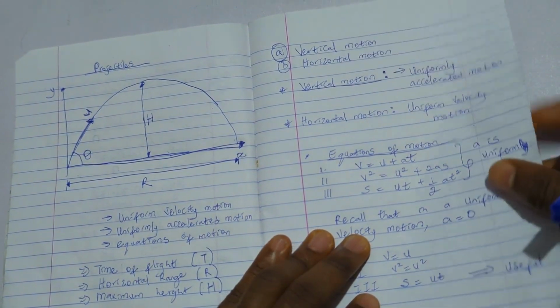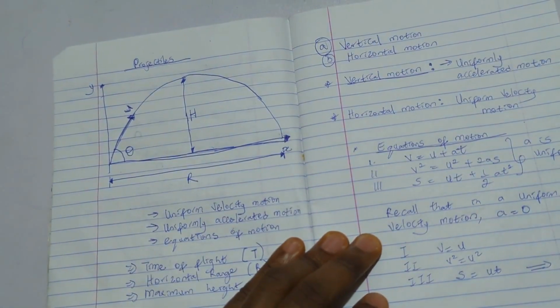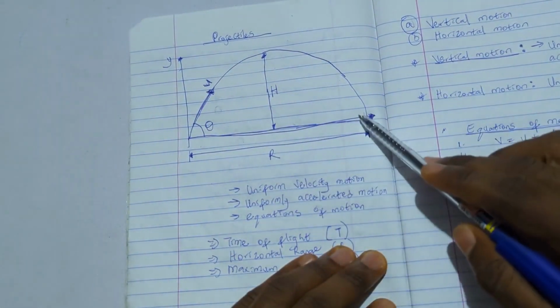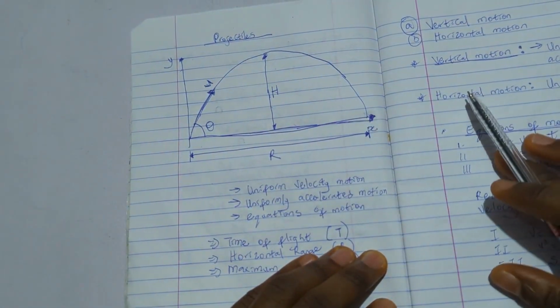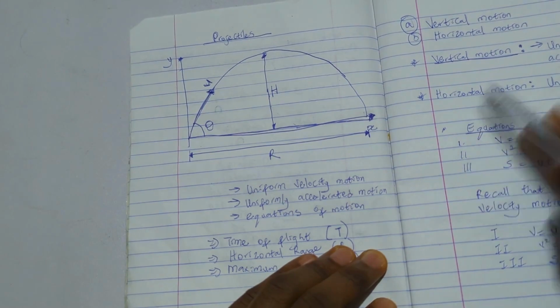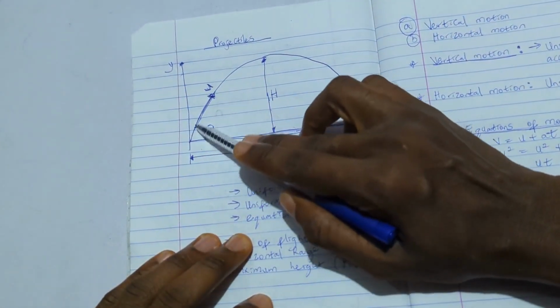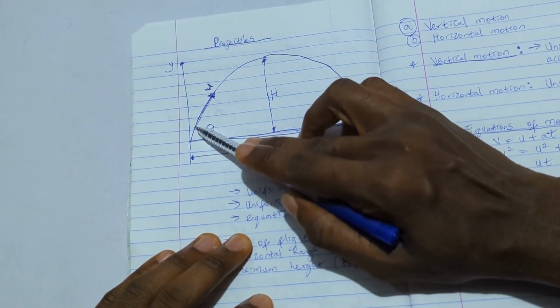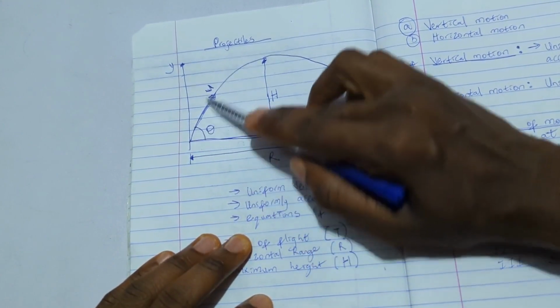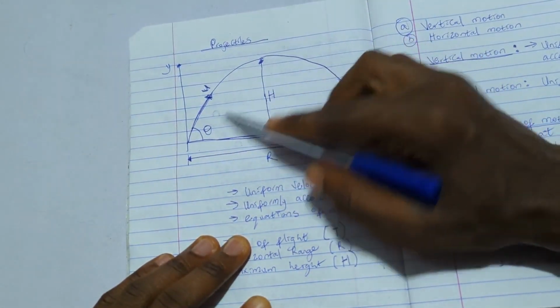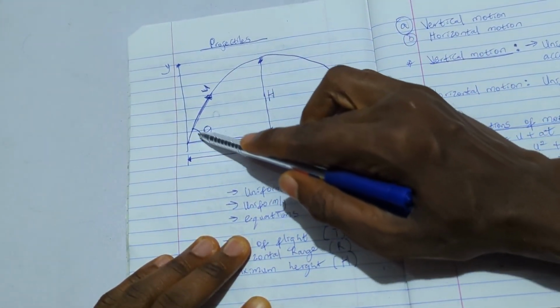Before we actually get into the mathematics and deriving equations, we should look into vectors. Anytime we have a vector, we can split it into components. Think of your initial velocity, u. Velocities are vectors anyway, and it is inclined at angle theta to the horizontal.